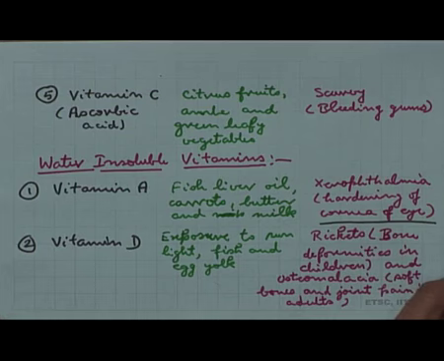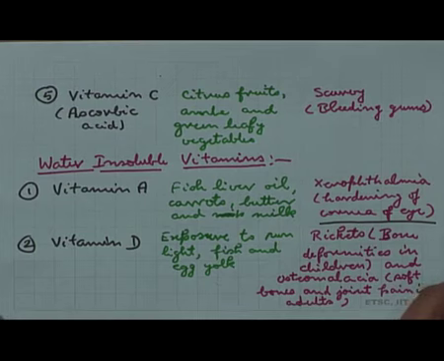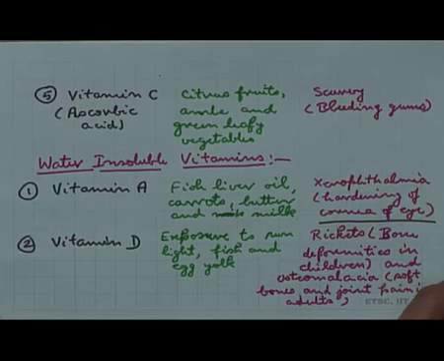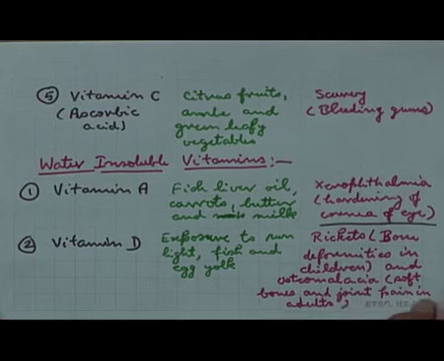If we expose our body to sunlight, we can maintain a proper level of vitamin D, and it can also be obtained from fish and egg yolk. Deficiency leads to rickets, bone deformities in children, and osteomalacia, where soft bones and joint pain are the symptoms of vitamin D deficiency.